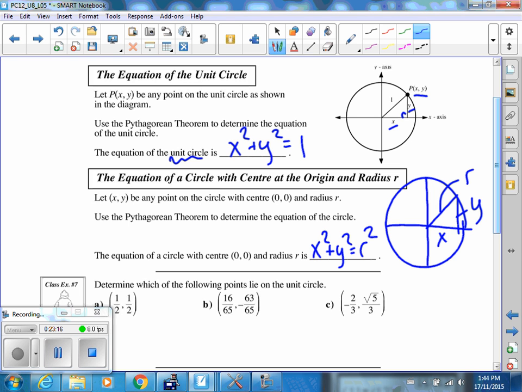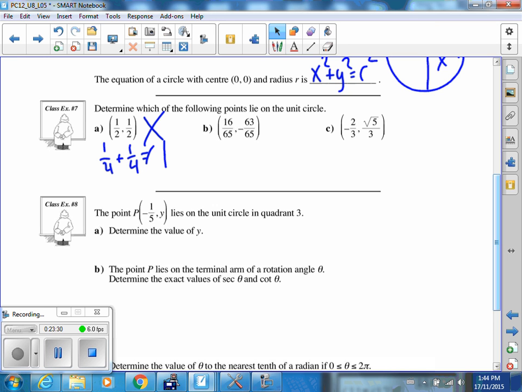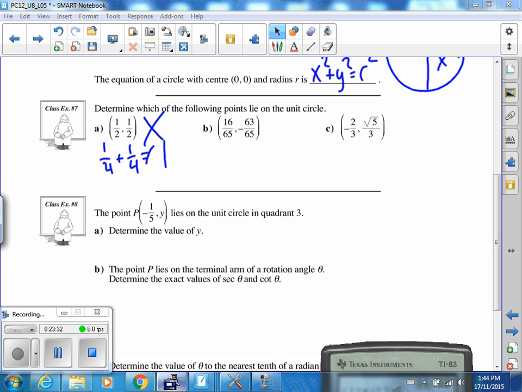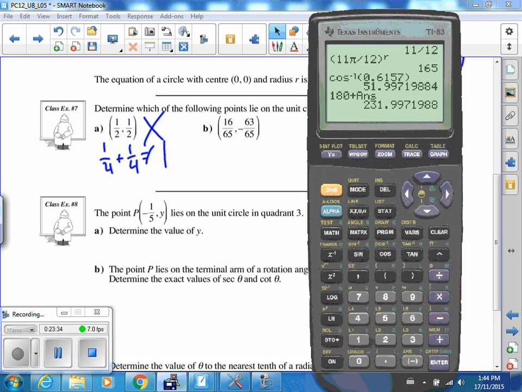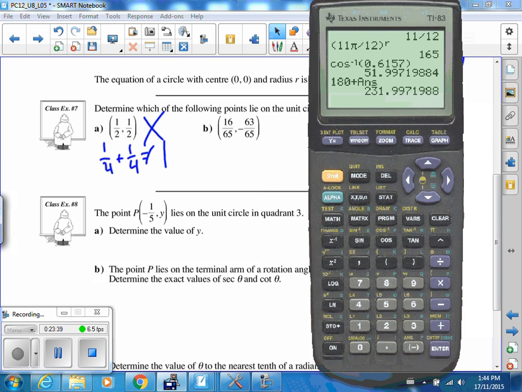Same idea. Which of these points is on the unit circle? Well, all I have to do is square them. 1/4 plus 1/4. That does not equal 1, so not on the unit circle. This one, 16. I don't want to do it in my head. I probably could do it in my head, but 65 squared, not so much, nor 63 squared for that matter.